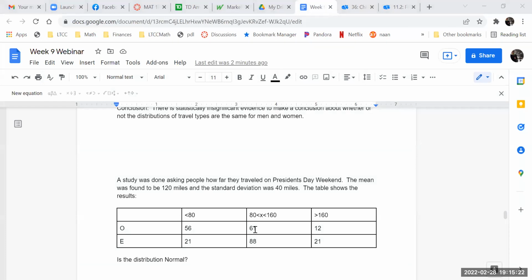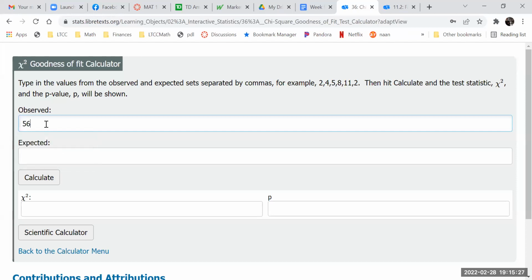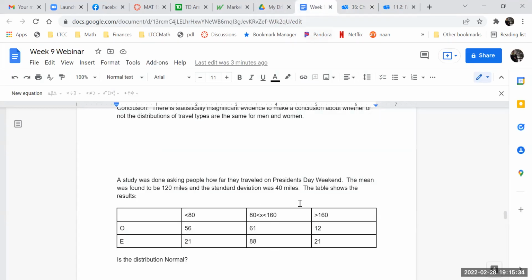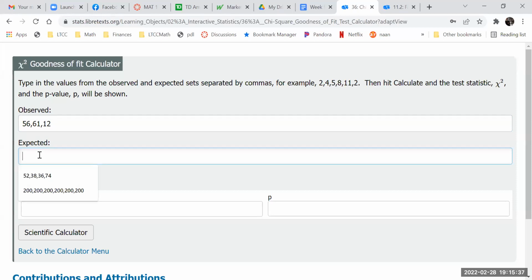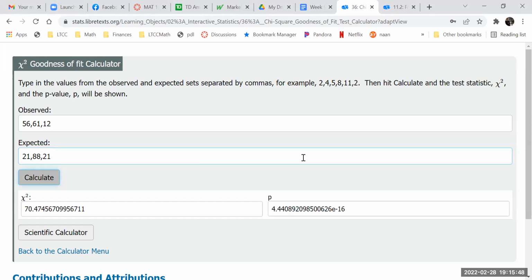The observed were 56, 61, and 12. And the expecteds were 21, 88, and 21. Any questions so far? We calculate. Okay. Is the p-value about 4.44?